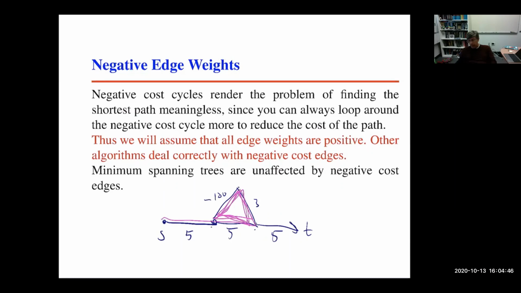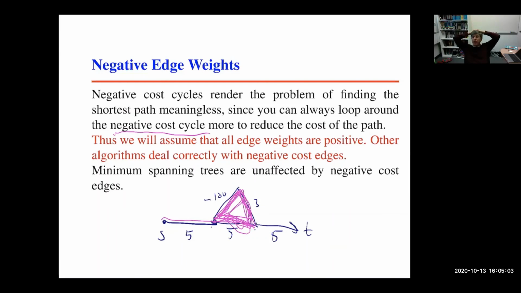My path keeps getting more and more negative, right? So negative cost edges, actually specifically negative cost cycles, cause problems in things about shortest paths.